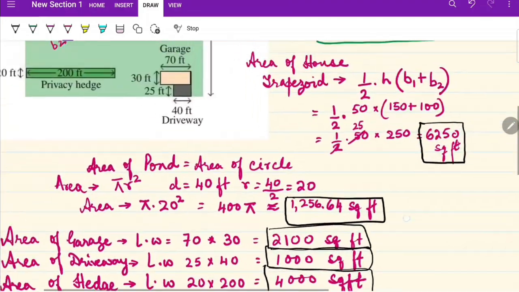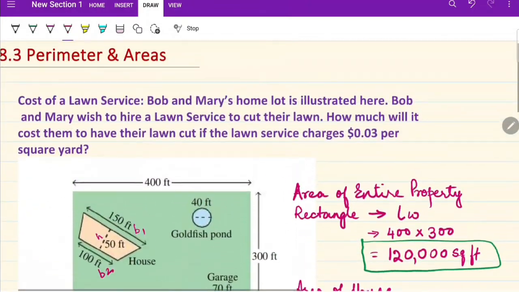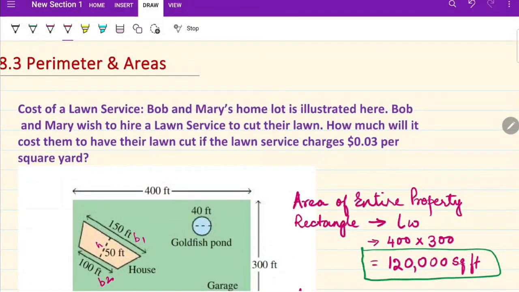So let's go back to the question, because the question didn't just ask us to find the area of the lawn. They asked us to find the cost of cutting the lawn of that size, of that area, all right, at a unit price of 3 cents per square yard. So it says here the unit price is 3 cents per square yard.